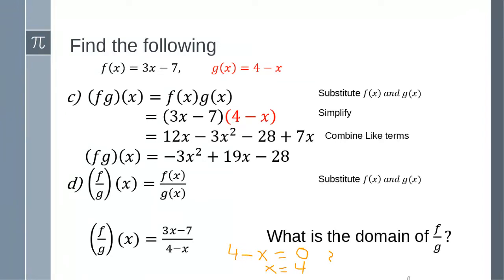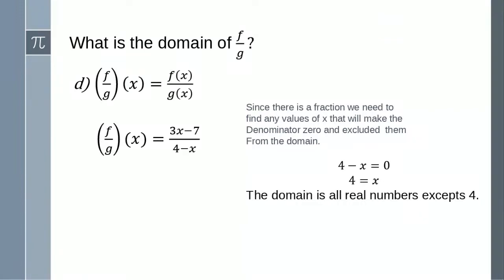If I would put a 4 value here for x, 4 minus 4 is going to give me 0, which is going to give me an error. So there is a restriction on our domain. So the way we're going to write that, okay, is the domain in English is all real numbers except the value 4. We cannot use 4 in our expression, okay?